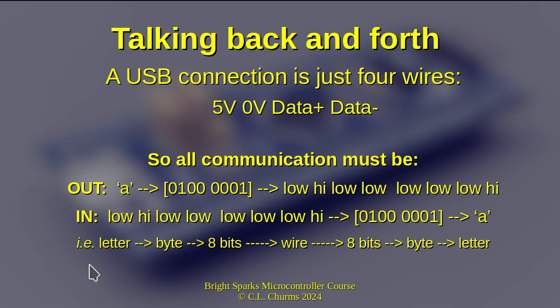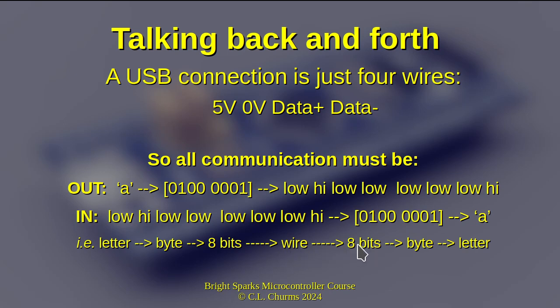Okay, and so to summarize, we take some other letter or some other value that we want to send. We convert that to a byte, and that's called a byte, 8 bits. And we then take that byte and strip it down to just single bits, 8 of them. And we send those 8 bits along the wire.